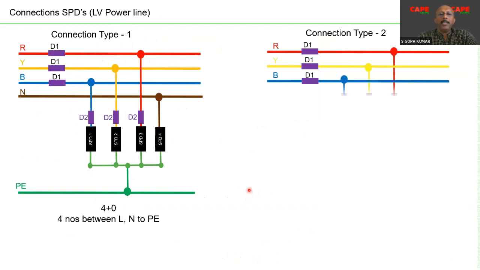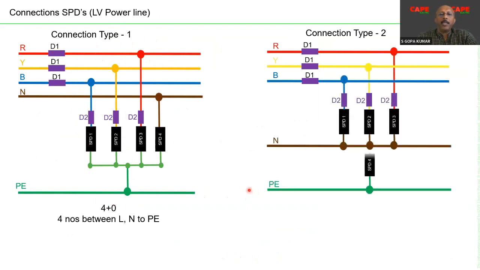The next connection is called 3+1. In the first case, as I said, 4 SPDs are connected between live conductors and earth. In the second case, there are 3 SPDs between the line conductors and the neutral, and one more SPD between the neutral and the earth.